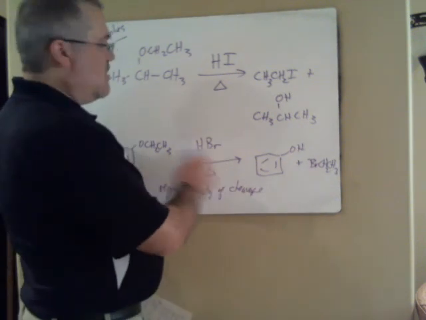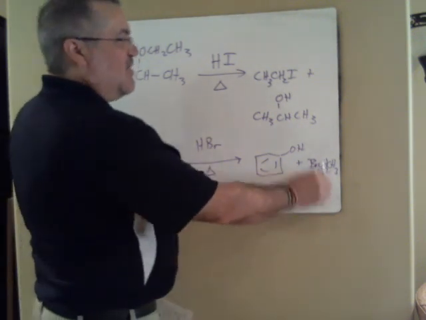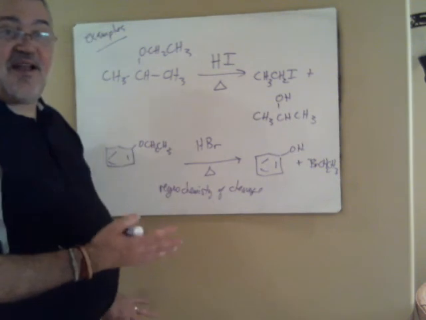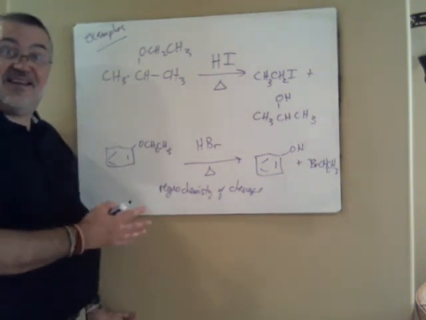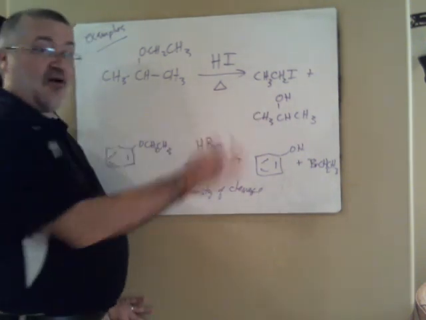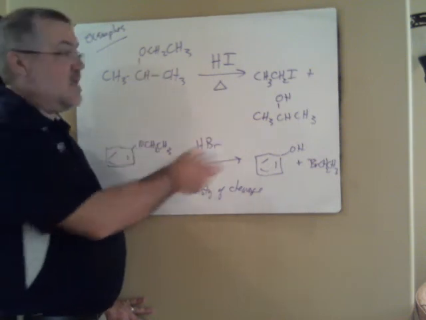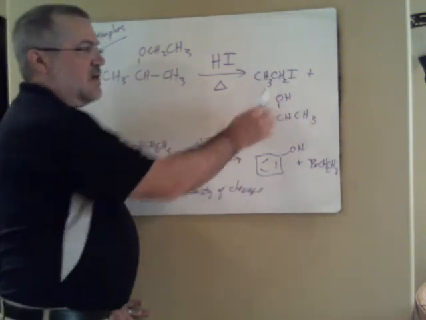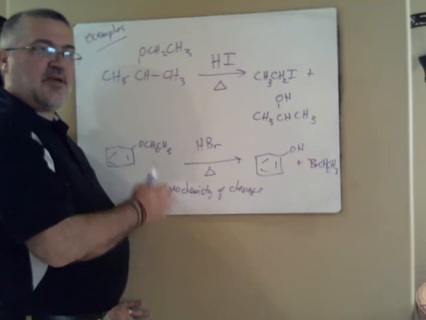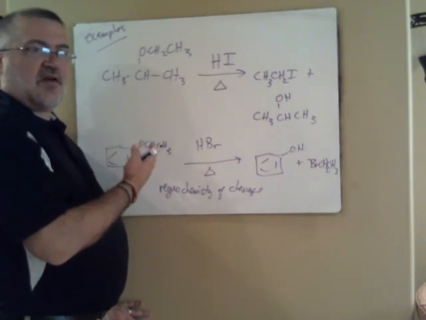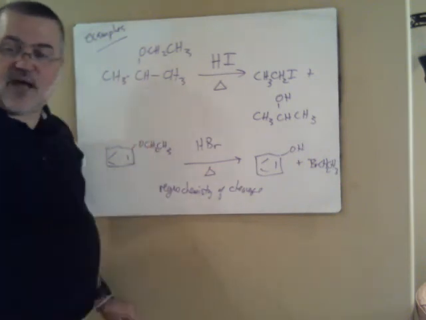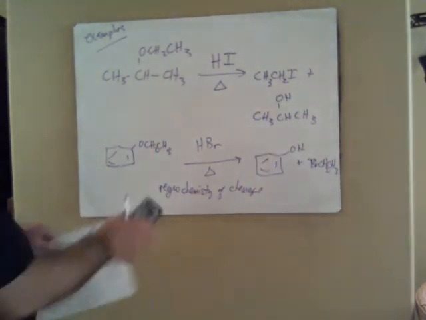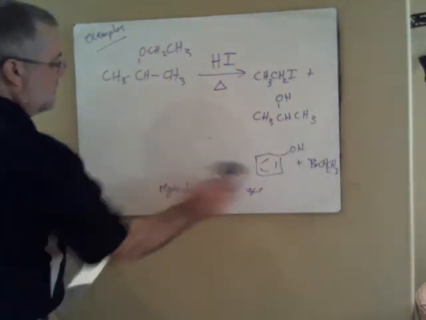Notice that when you cleave, you're cleaving to get the primary alkyl halide. The alcohol can be whatever, but it's cleaving to give the primary alkyl halide, and that's because this cleavage is also occurring in an SN2 manner. Okay, and so the mechanism is going to help explain this to us.